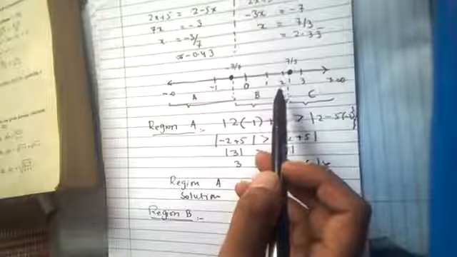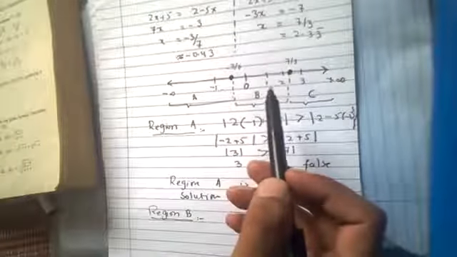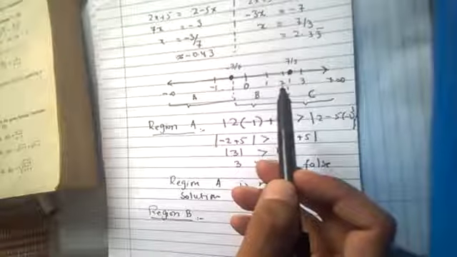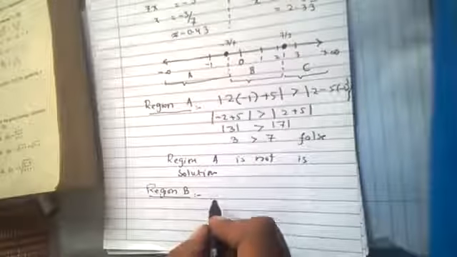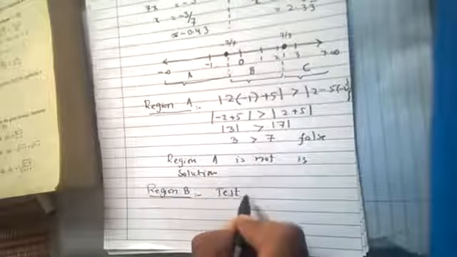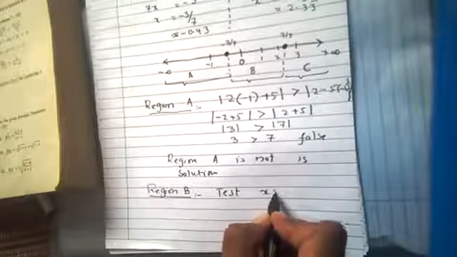Similarly, one test point is 1 and another one is 2. The simplest one is 0, so we will take it as a test point. You can also take 1 or 2. So we will test x equal to 0 in this region.